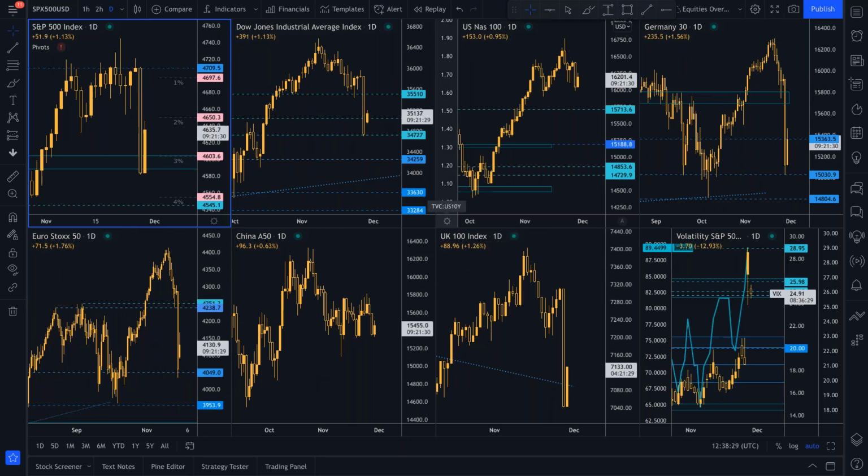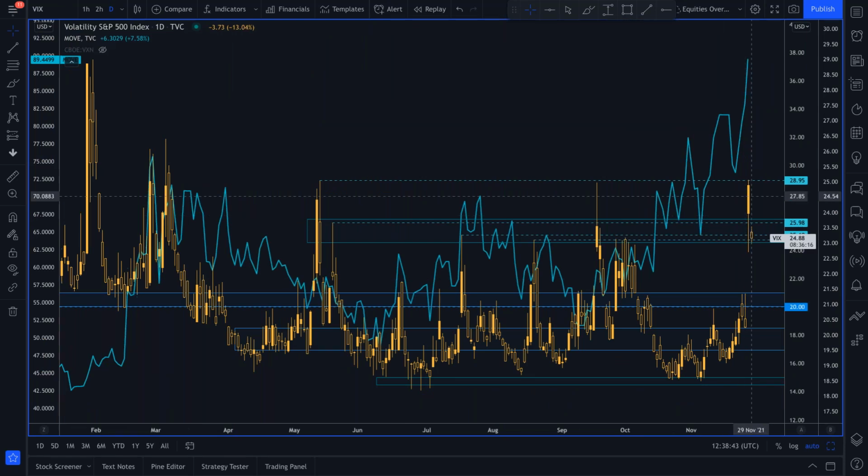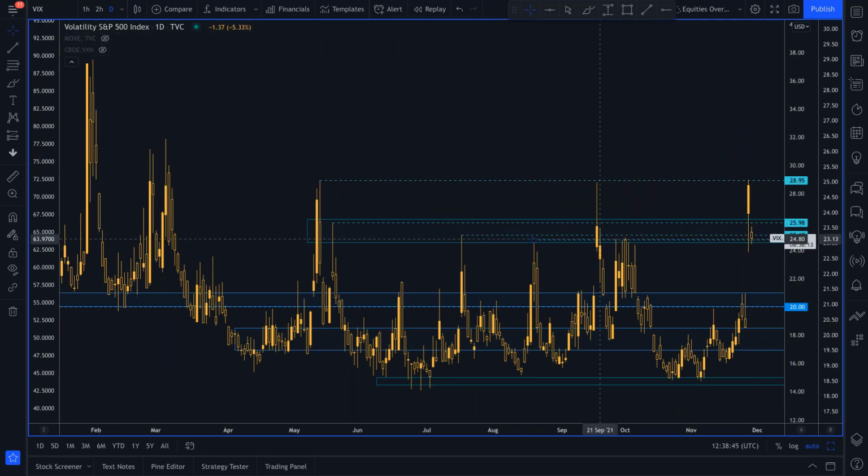Well, it's because a lot of the so-called anecdotal evidence from South Africa is that the cases have been relatively mild. So we can see that the VIX, the volatility index, did push significantly higher above that 25 region, but then it has moved significantly lower.